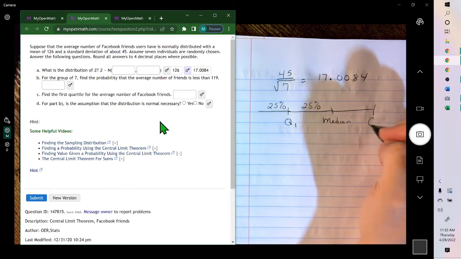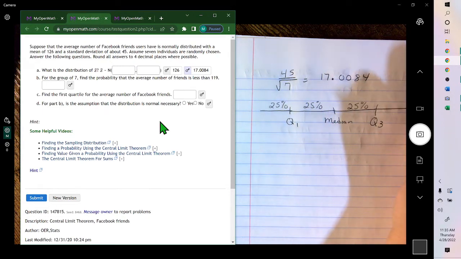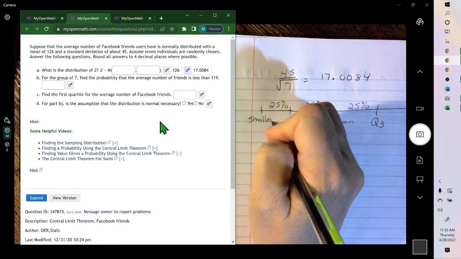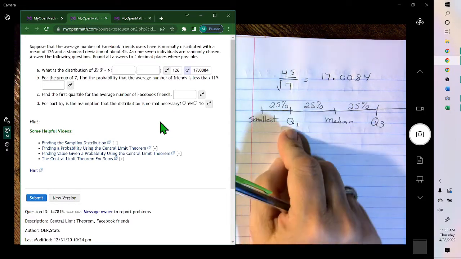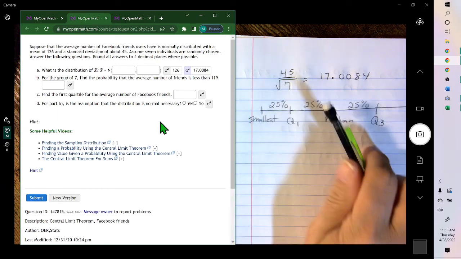And then if you needed the third quartile, another 25%. And then this is your largest number. And your smallest. So if you want the first quartile, 25% of the data is below it.